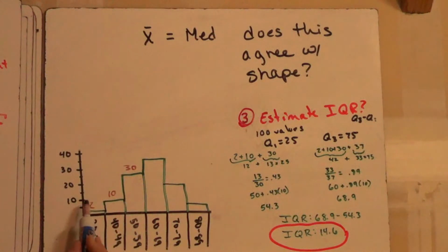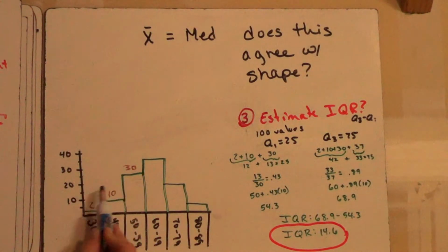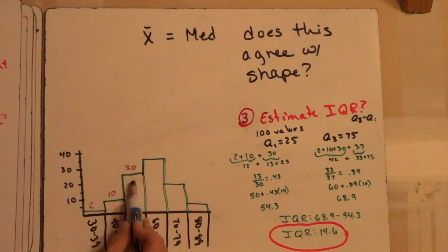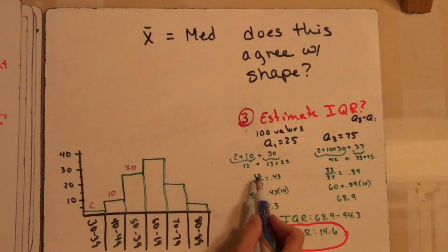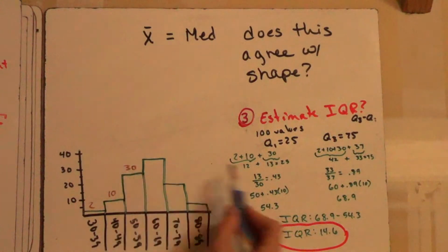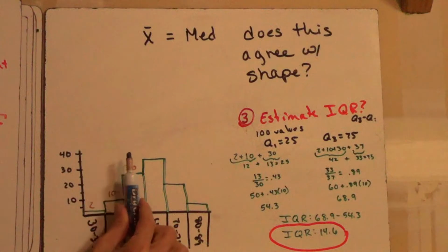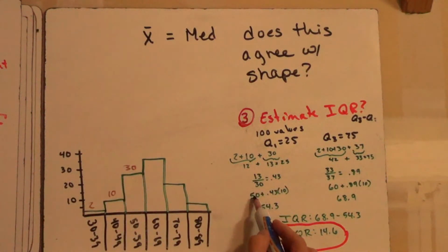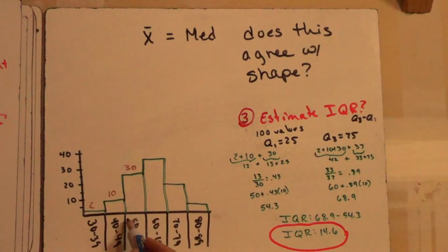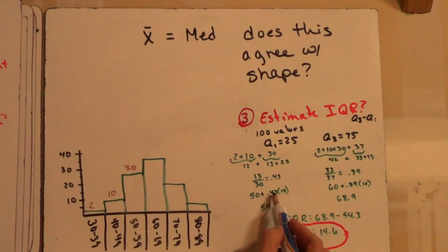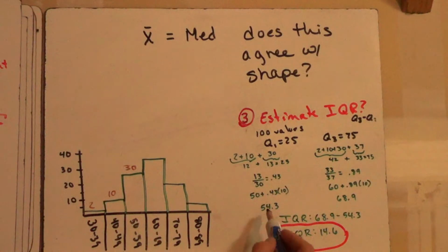Well, I know that my 25th value is going to be in this column, because there's 12 there, so I've got to go 13 into this column. So I take 13 divided by 30. I get 0.43. That's 43% across of it. And then I take the lower limit of this column, 50, plus 0.43 times 10, and I get 54.3. That's an estimate of what my lower quartile is.